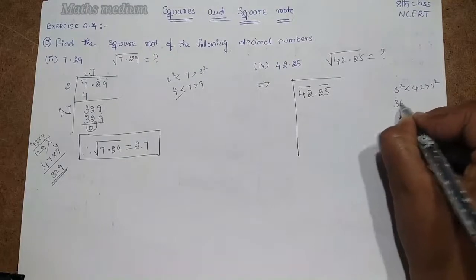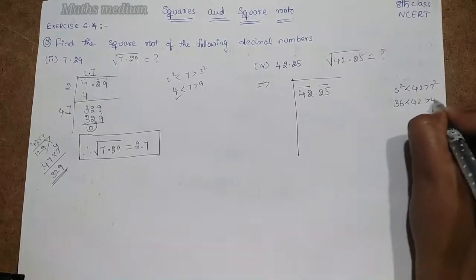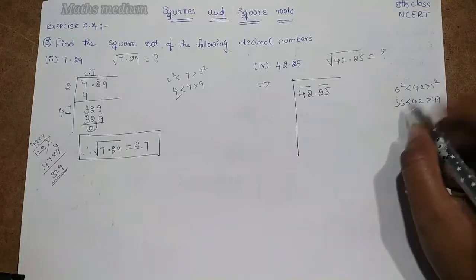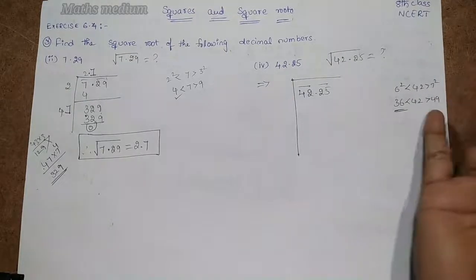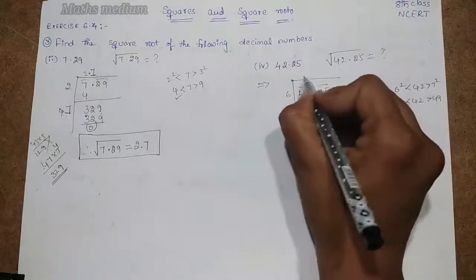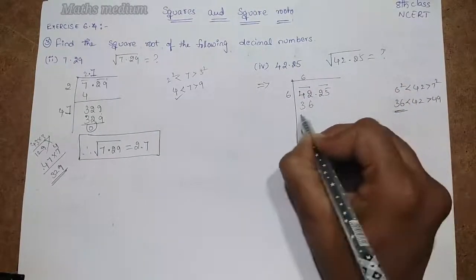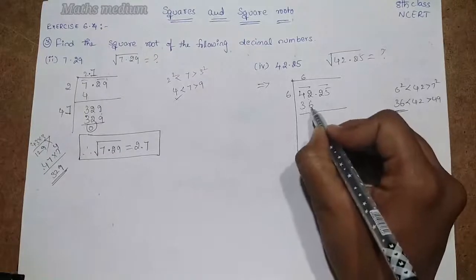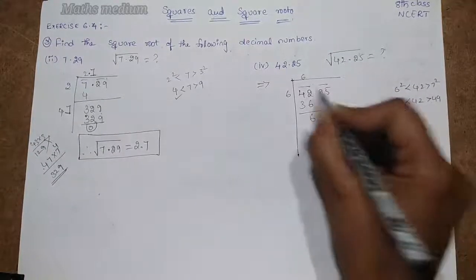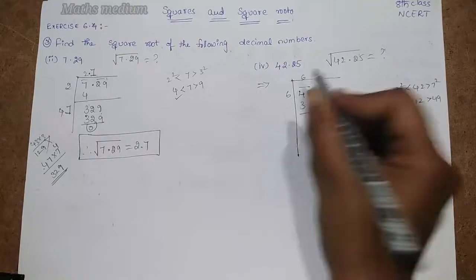See, 6 square 36, 42, 7 square 49. It is less than 49 and greater than 36. So use 36 as the better for the division method. So 6 6s are 36. Now 42 minus 36 gets 6. Write down the 25 as it is. And second step is to double the quotient.